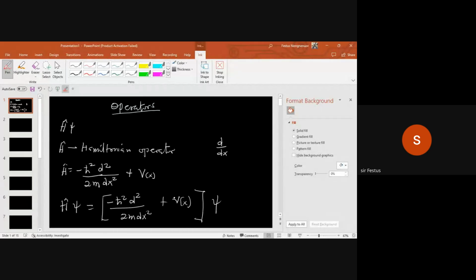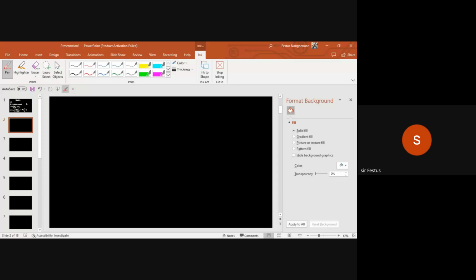When I do that in the next slide, I'm going to have my H cap of psi be equals to minus h squared, then I have the second differential of the wave function with respect to x, then plus V as a function of x, then psi.